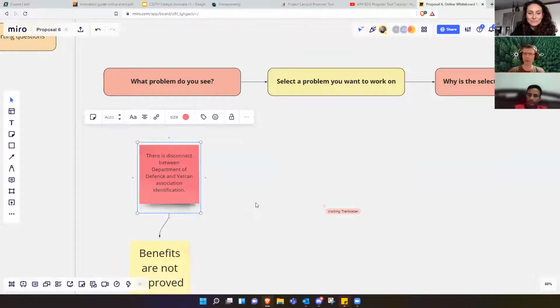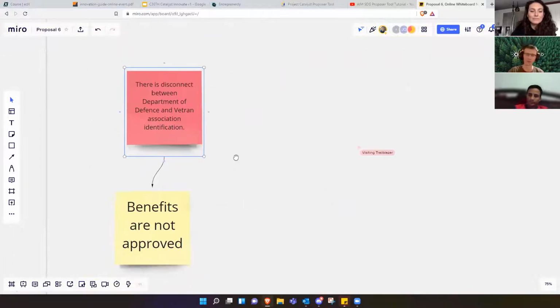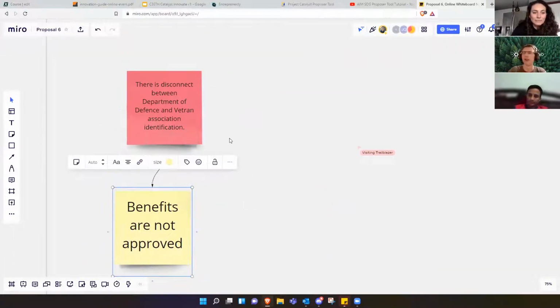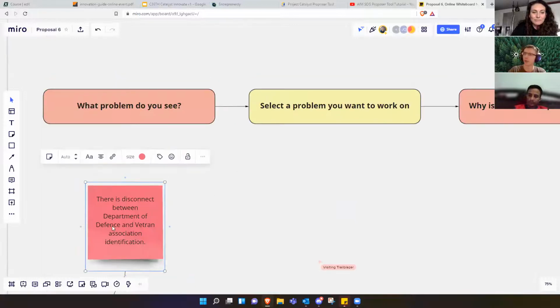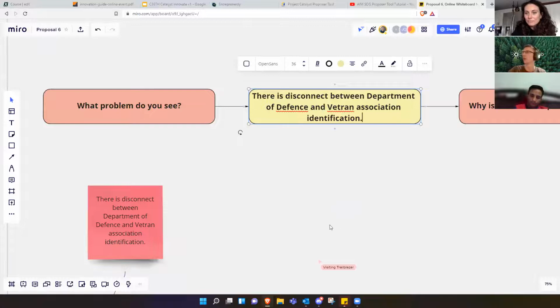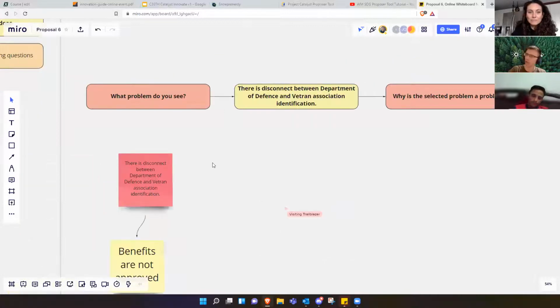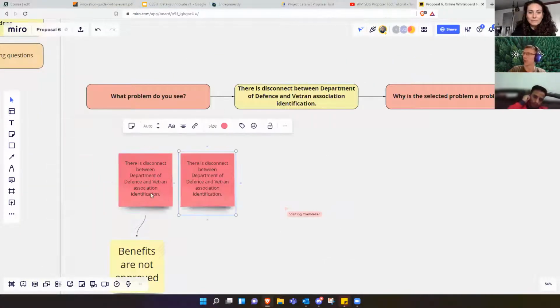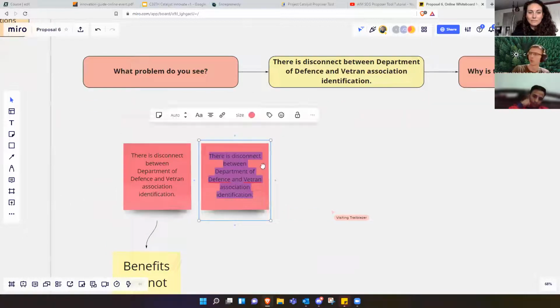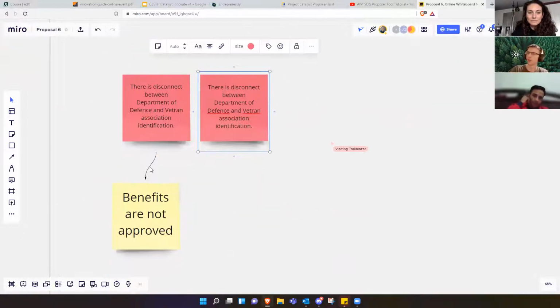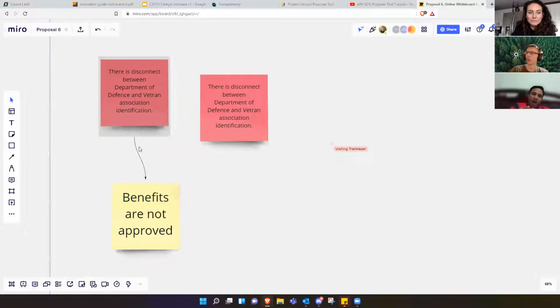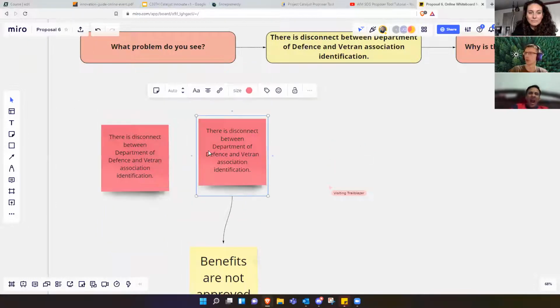Usually, once you have the problem you want to work on, the next question is, why is the selected problem a problem? You already answered that benefits are not approved, but are there more things caused by this?